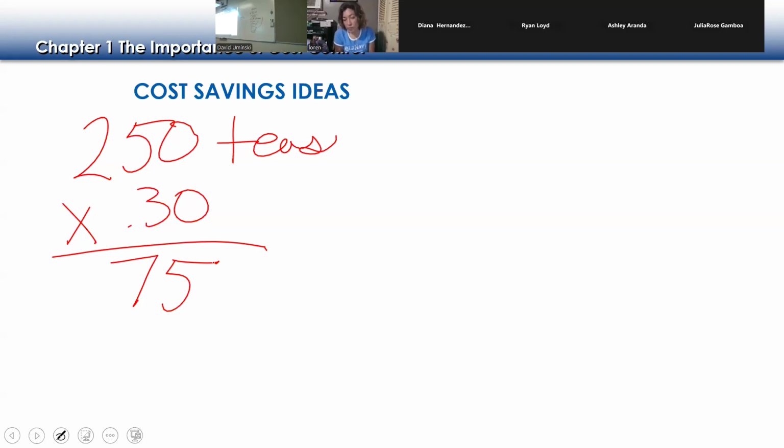A lemon makes how many slices? Let's say 6. We're going to say 6 slices out of 1 lemon. And how much does our lemon cost? 35 cents. They're more like 50 cents, $1 now.